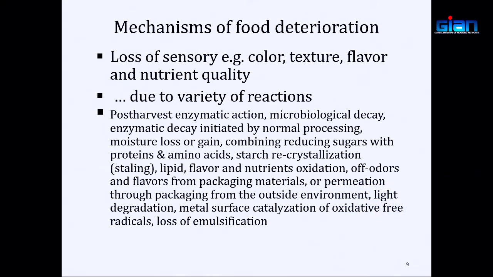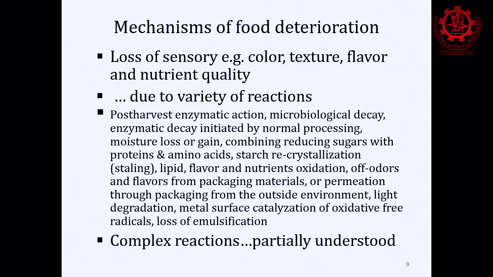Some of this we listed in the very first lecture, that you could have post-harvest enzymatic reaction, microbial decay, and so on. There's a whole host of reactions that could happen. And it says that for most cases, we have not understood all the reactions very well. Some of them we only partially understood their chemistry.